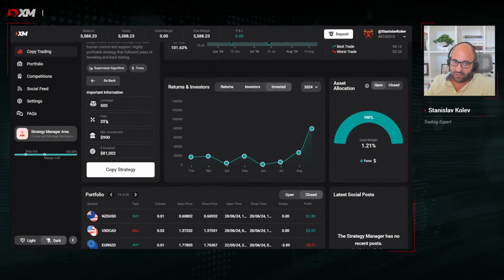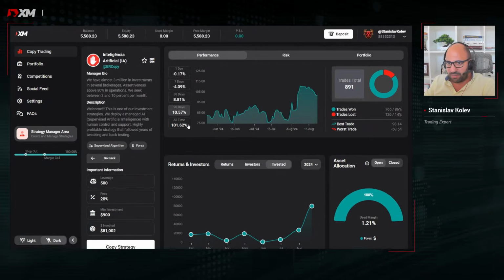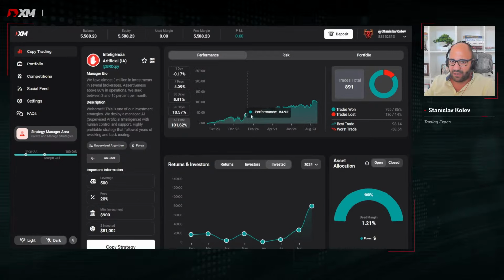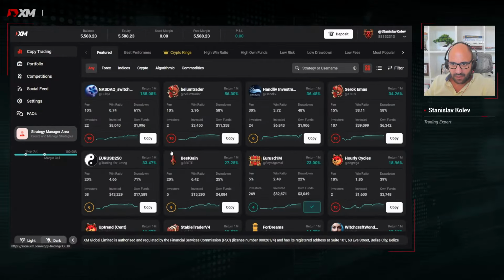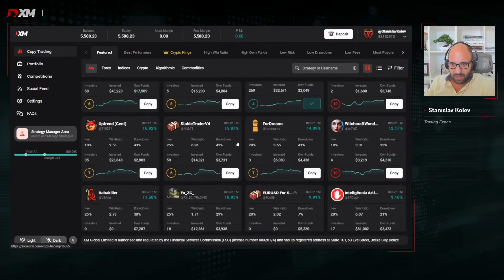We got the fees of 20%. Minimum investment is $900. So it means that from our equity, we will have to go with 20% of our investment here. But in terms of the performance that we had, I think that that's a very good job. Also, if we go back, where did we go?